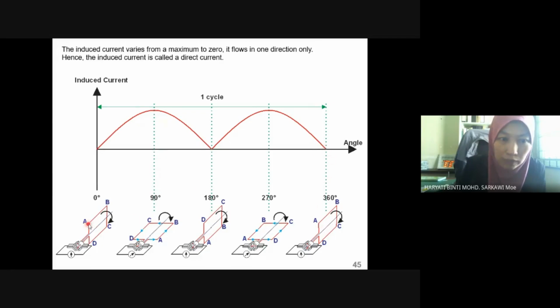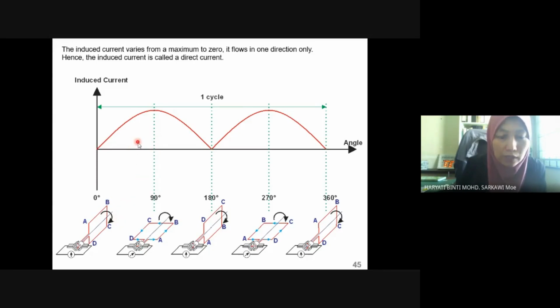But once it starts to rotate until parallel, horizontal, a lot of magnetic flux is cut at this position, so it slowly increases to the maximum. The process continues. This is the direct current produced by a DC generator.